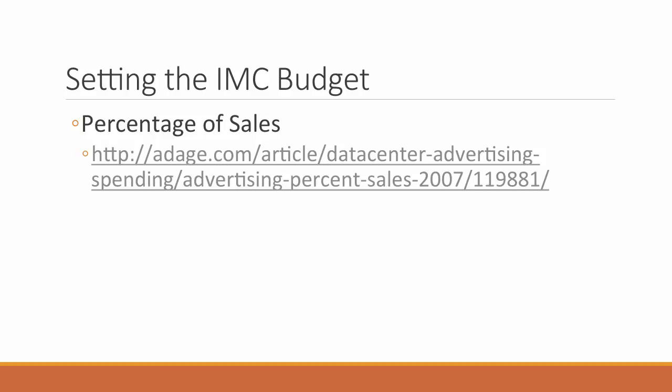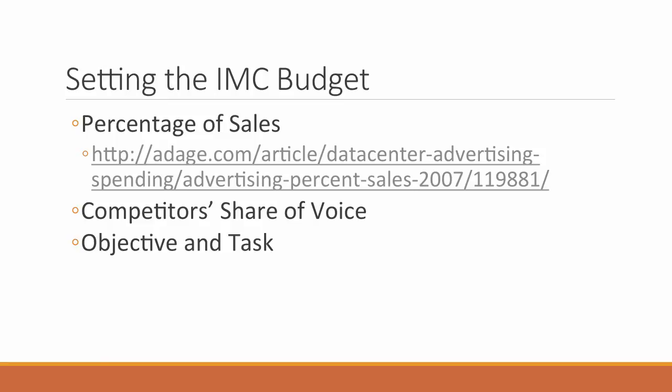Another approach to setting your IMC budget is to look at what your competitors are spending. And if they are spending more on promotion, you may need to increase your promotional expenditures as well, just to remain competitive.